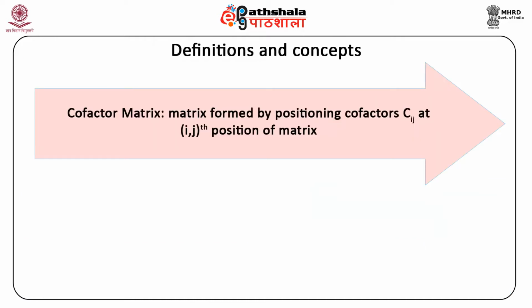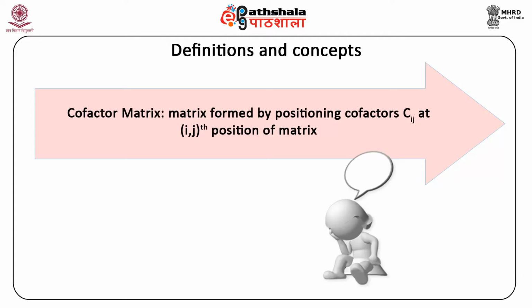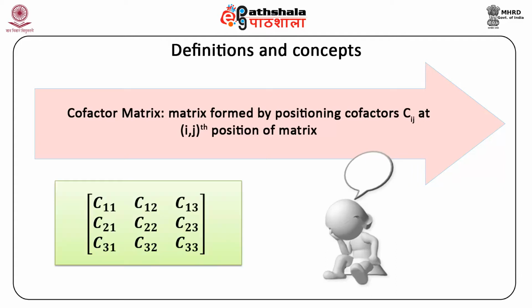The cofactor matrix C is the matrix formed by positioning the cofactor Cij at the ijth position of the matrix, that is C11, C12, C13, C21, C22, C23, C31, C32, C33.